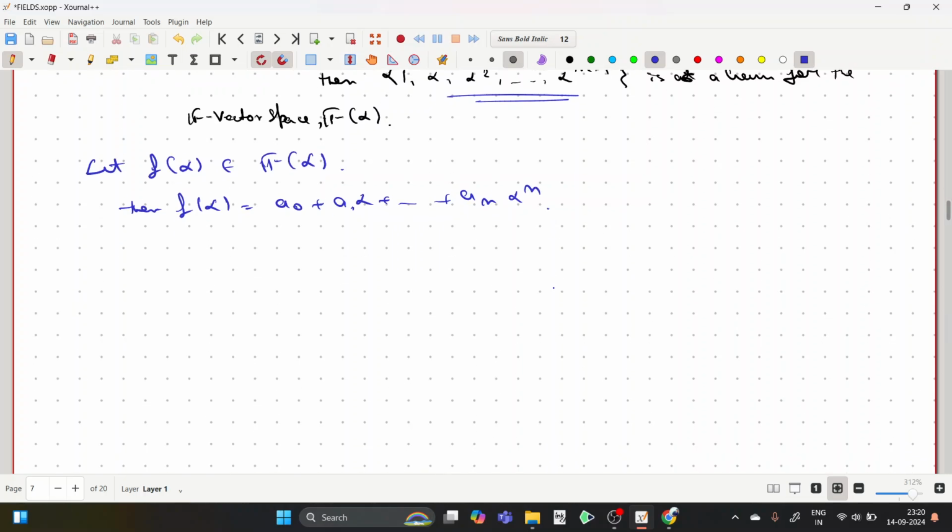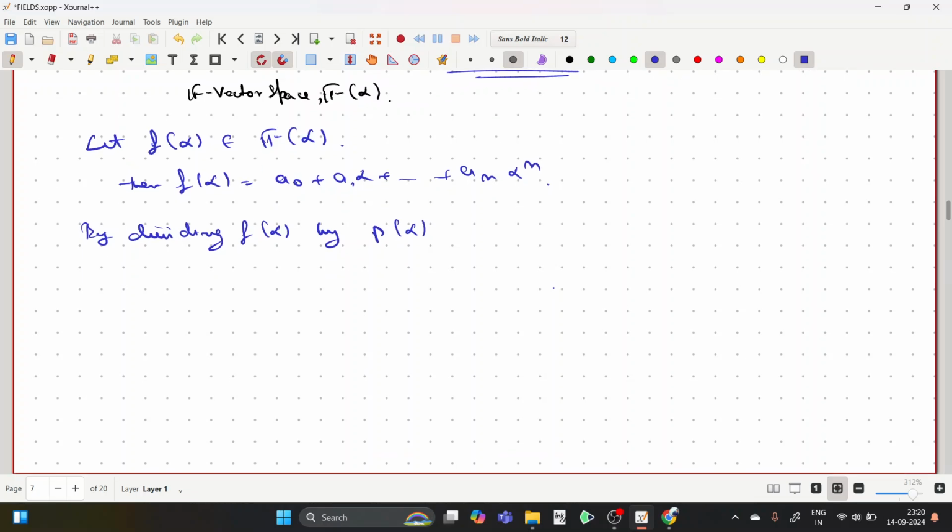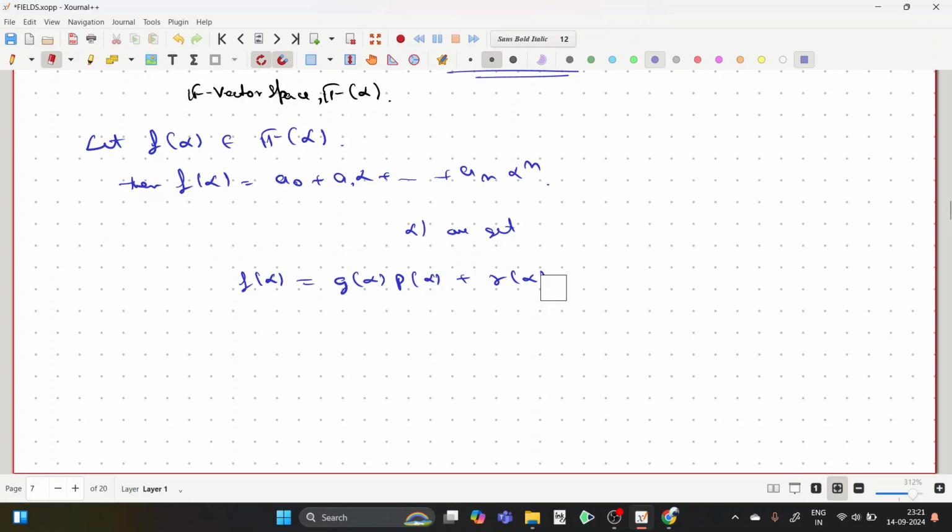But I can use division on f of alpha, right? By dividing f of alpha by p of alpha, we get f of alpha to be some g of alpha times p of alpha plus r of alpha. Let me not go by such an abuse of notation.